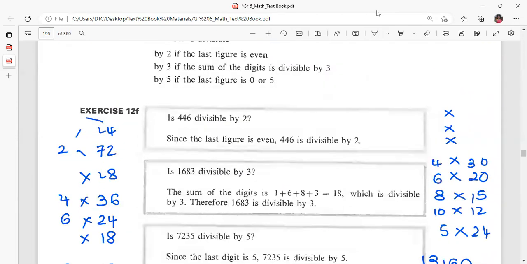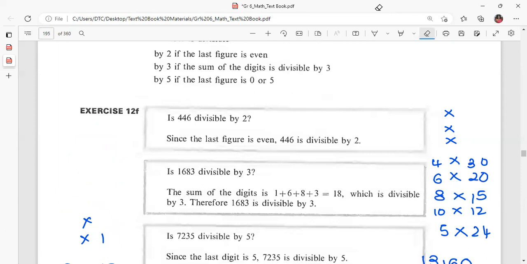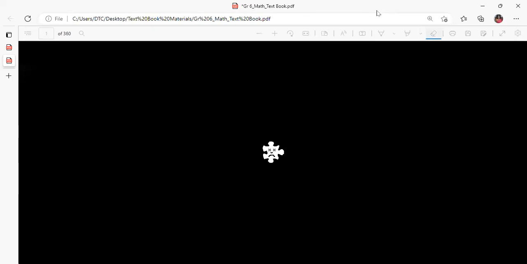You want to see whether a particular number is divisible by 2. How do you identify that? The number should be ending with 0, 2, 4. It should be an even number, simply. So what is an even number? How do you recognize the even number? That number should be ending with 0, 2, 4, 6, 8.